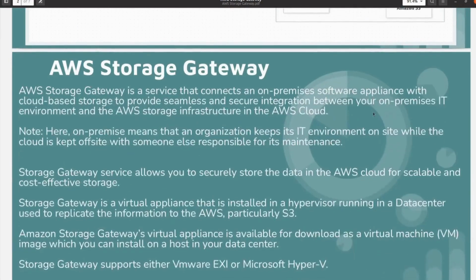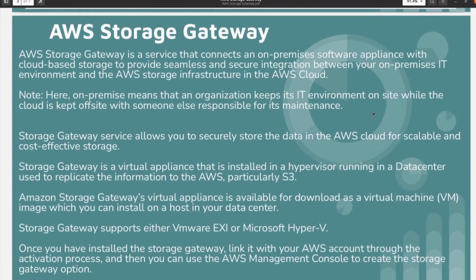On-premise means that the organization keeps the environment on site, while the cloud is kept off site with someone else responsible for maintaining it.